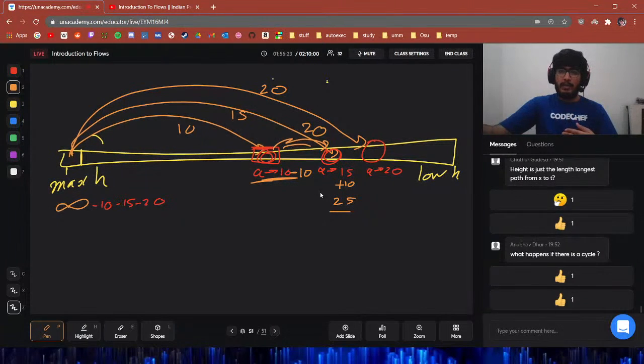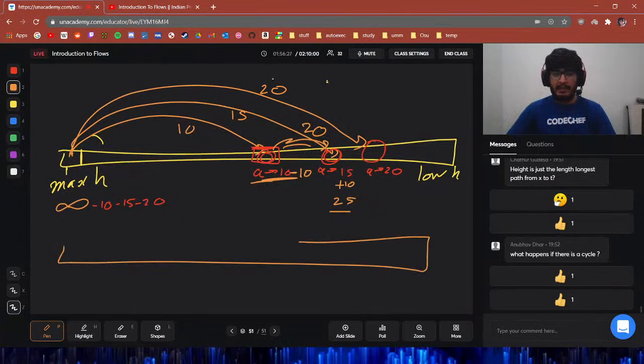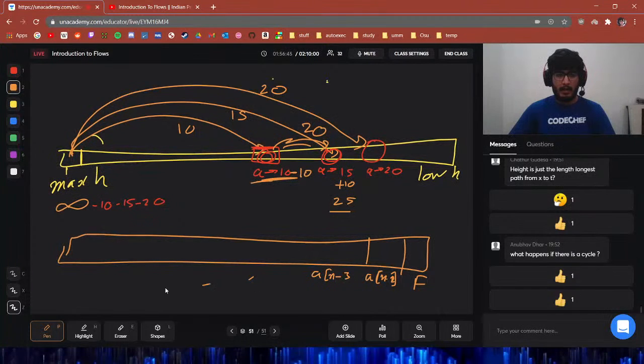We keep on doing it like this, and finally our array is going to look something like this, right? The excess function at the source is going to be some f value. The excess function here is going to be, let's say, excess of n minus 1, excess of n minus 2, excess of n minus 3, up until excess of 0.